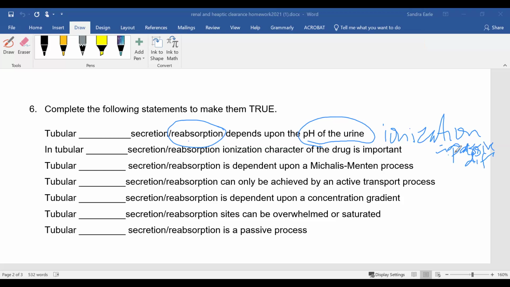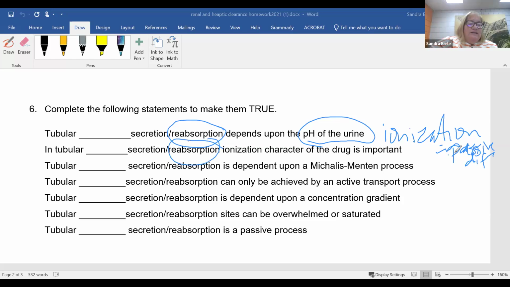Yes. In tubular secretion or reabsorption, ionization character of the drug is important. Reabsorption. Very good, Jesse. These are actually related, aren't they? All right. Secretion or reabsorption is dependent upon a Michaelis-Menten process.